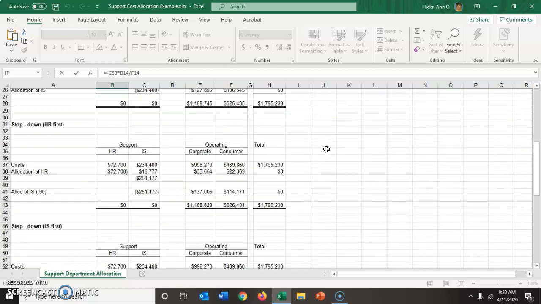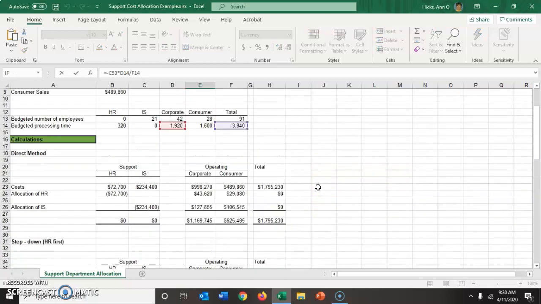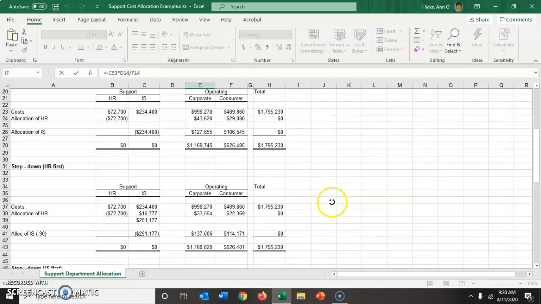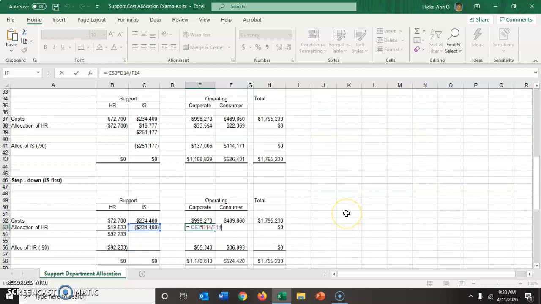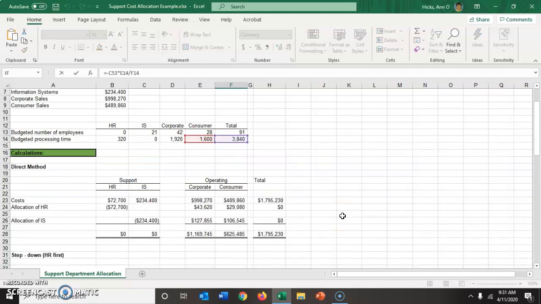For HR, you'll notice the numerator is the 320 hours that was spent on HR. And then corporate, same formula, but the numerator is the 1920. And consumer, same formula, but the numerator is 1,600.